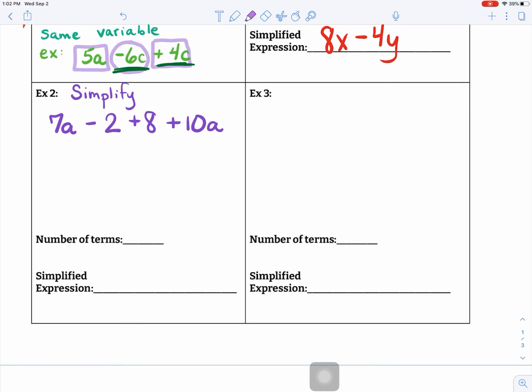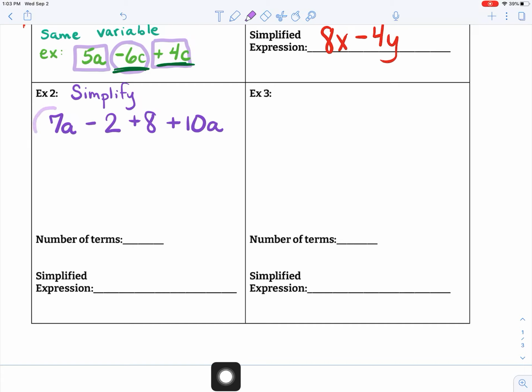So, first things first, let's identify the terms in this expression. I'm going to read from left to right. I already see 1, 2, 3 plus or minus signs, right? So I can kind of picture those as like the walls separating my terms. So I'm going to have 1, 2, 3, 4 terms.